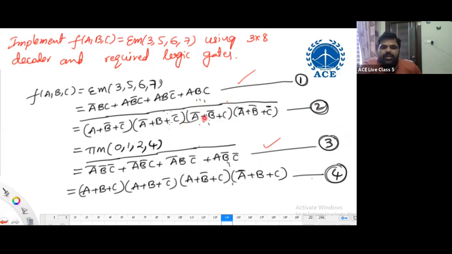It is POS of F bar. Check it correctly. In equation number 2, if you don't have this complement, it is POS of F bar. It is not POS of F. POS of F is this. Don't get confused.